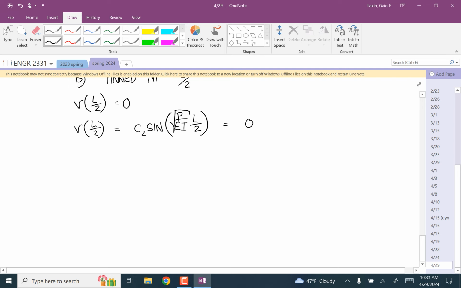By the same logic as before, that sine factor is equal to 0 when square root of P over EI times L over 2 is equal to n pi for n equals 0, 1, 2, 3. And again, we want the lowest non-trivial solution, so we're going to take n equals 1.